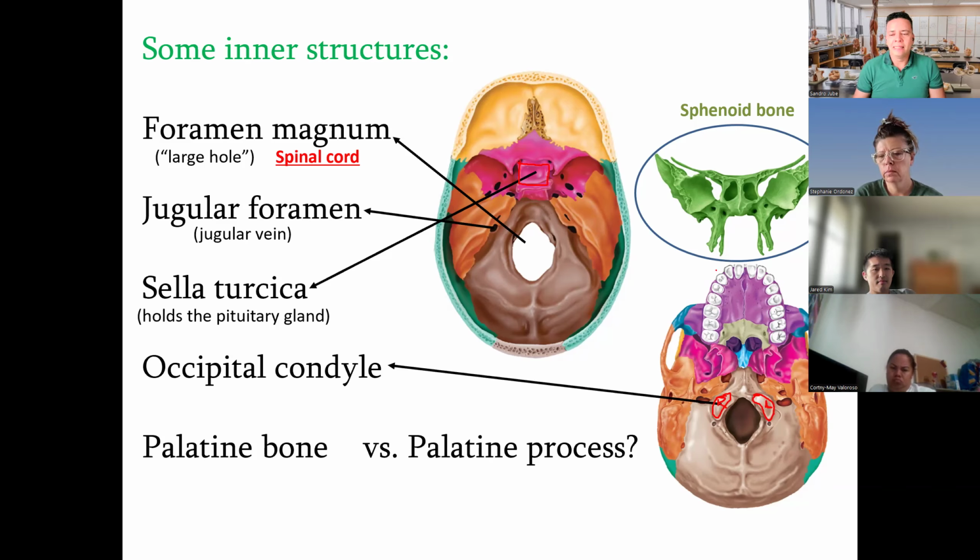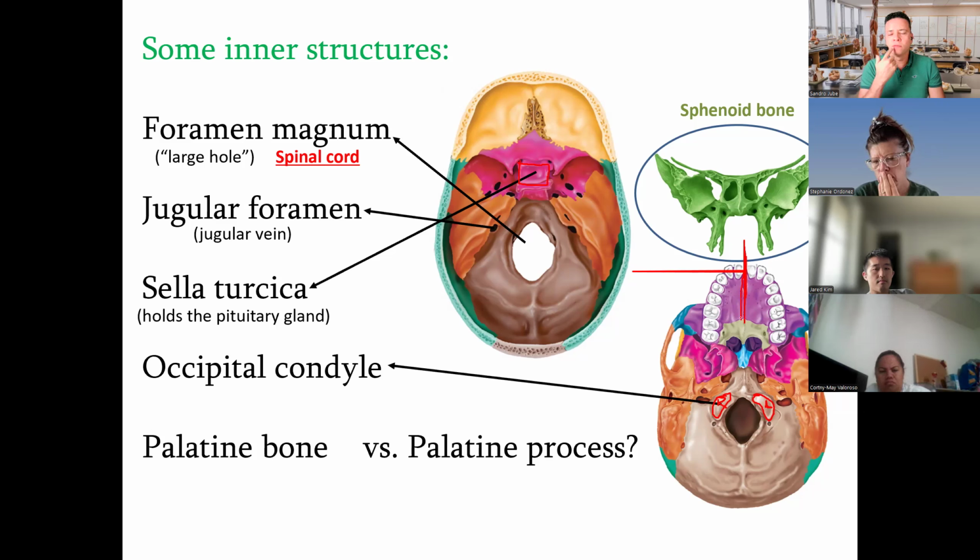Looking inside our oral cavity, the roof of our oral cavity, folks, we're going to find the maxilla. And we can see right here, the maxilla is split into two. There's a clear line right there in the middle. And the maxilla forms most of the roof of our mouth.